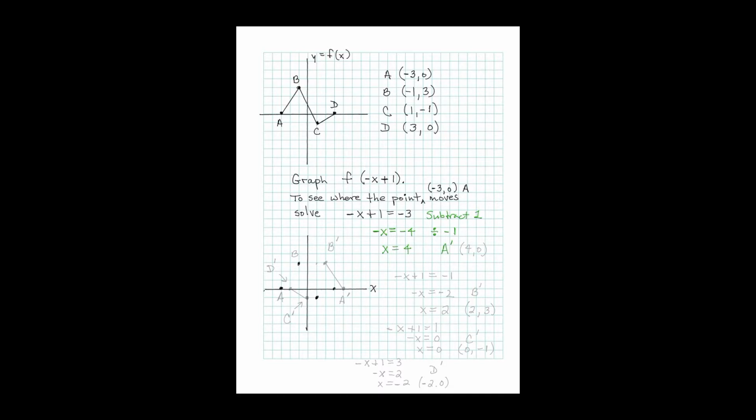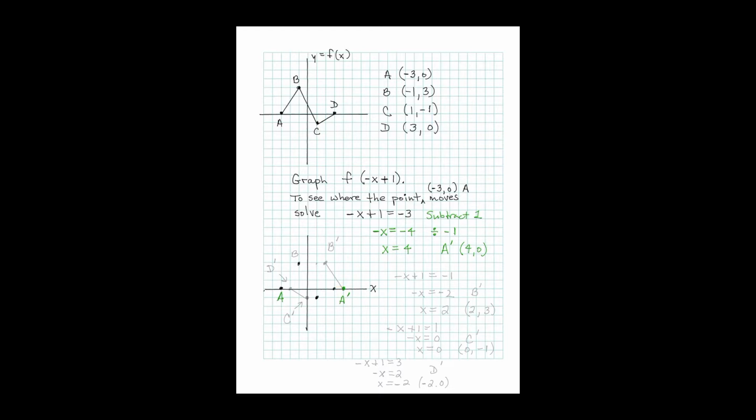So the point that A translates to is the point 4, 0. So let's graph that, and I'm going to remind you where it came from. So it came from point A, reflected across the y-axis, but then what happened was we actually moved right 1. And so that's where it landed.